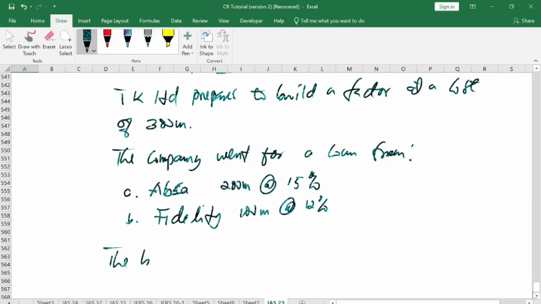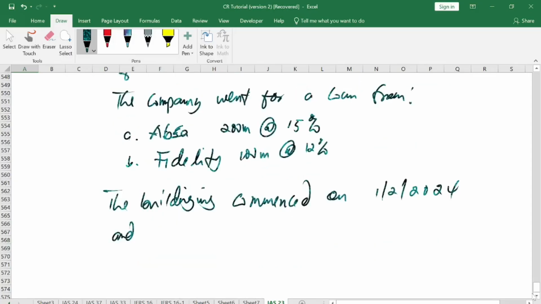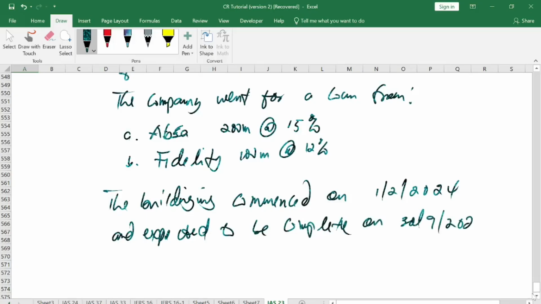The building commenced on 1st February 2024 and is expected to be complete on 30th September 2027.